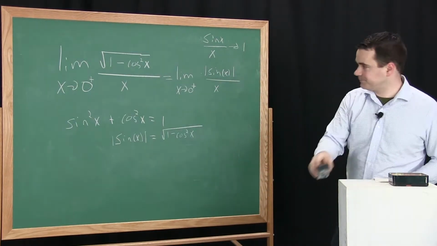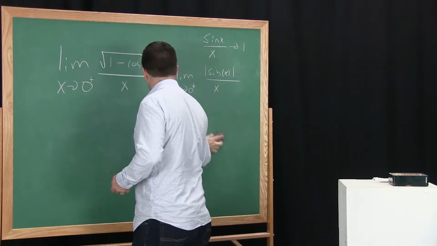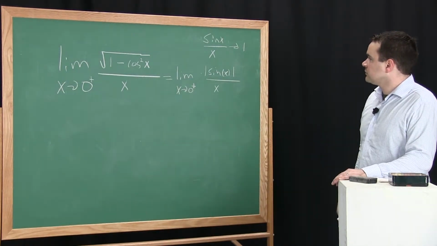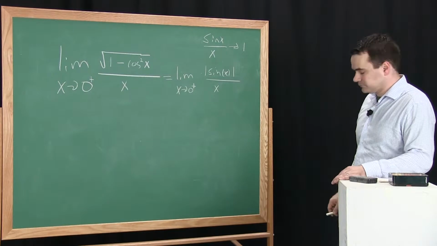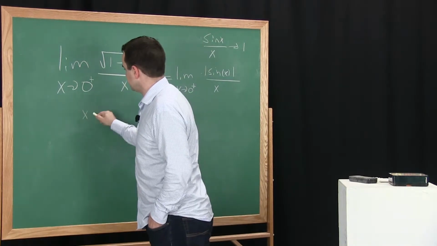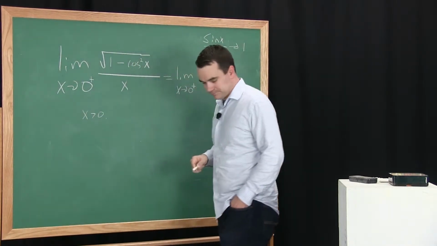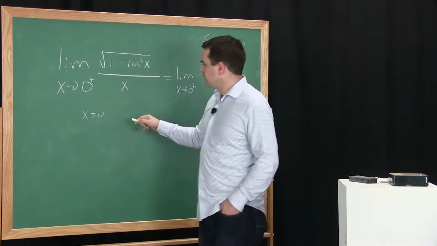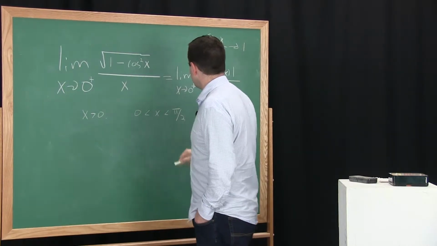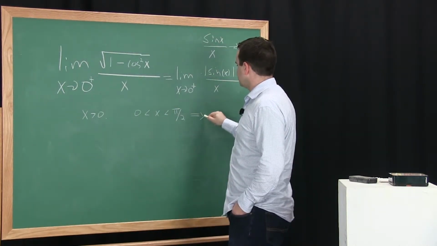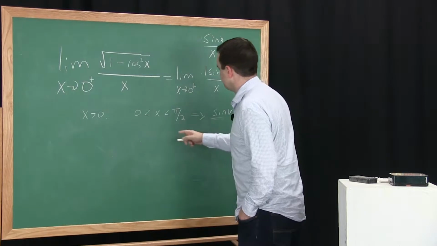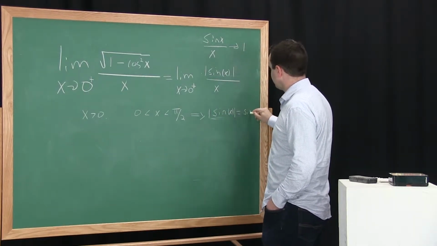So can we solve that? Yeah, we can. As we go from the right, that says that x is bigger than 0. And as long as x is bigger than 0 and less than pi over 2, sine of x is going to be positive, so it's going to be equal to its own absolute value.